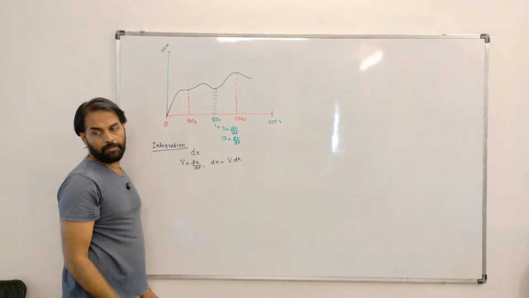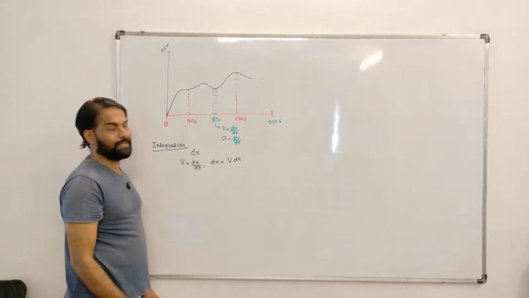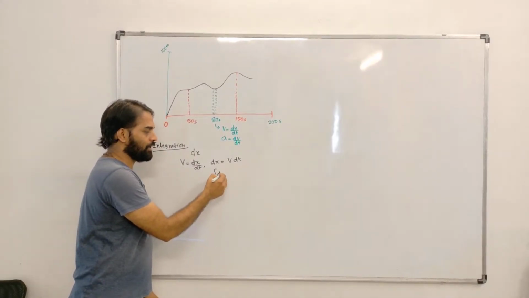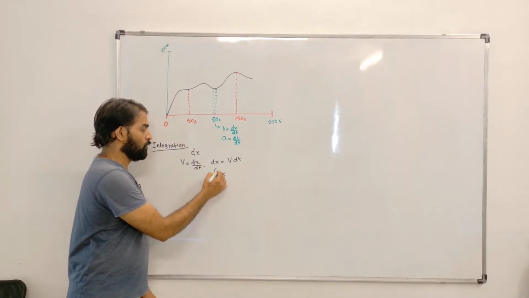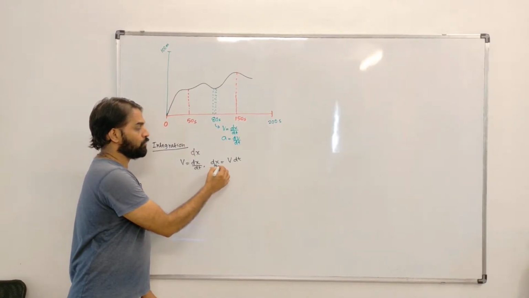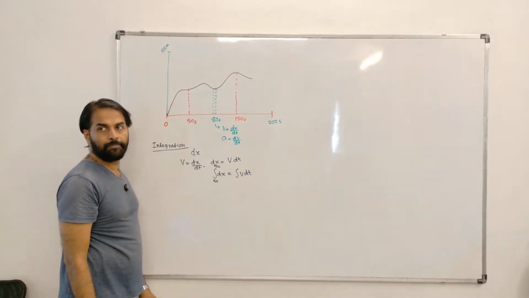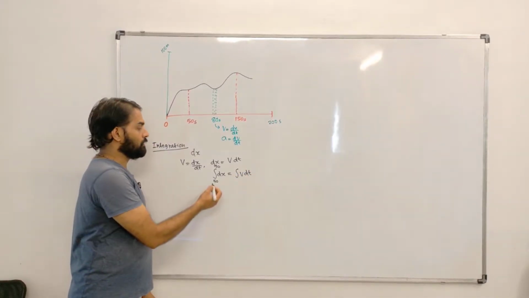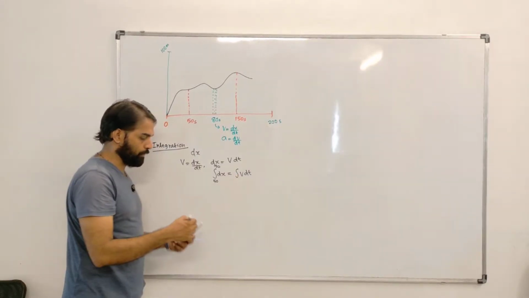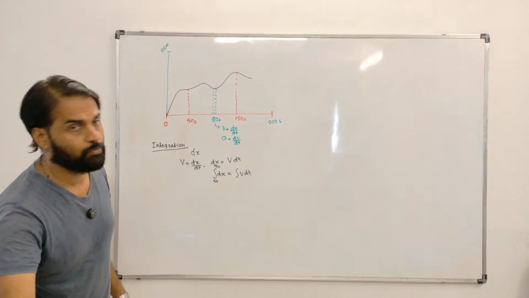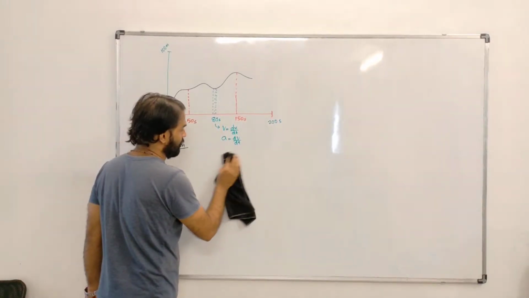But you want the displacement from 50 to 150, so you have to integrate dx from 50 to 150, and that will be equal to the integral of v dt. In that scenario, to get the position change, you require integration.